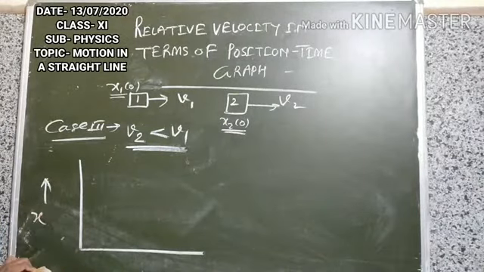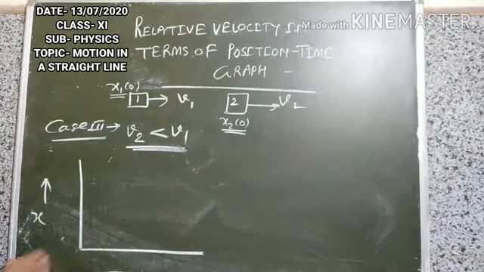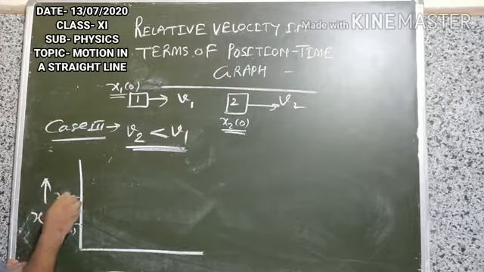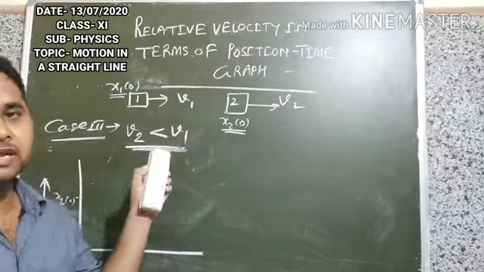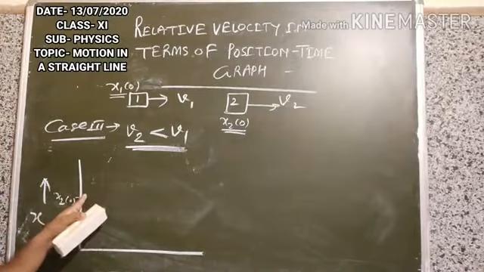Position along y, time along x. Now see here. These are the initial coordinates x1 0 and x2 0. Suppose now see here v1 is greater than v2. Here v1 is greater than v2 means slope of first should be greater than slope of the second.